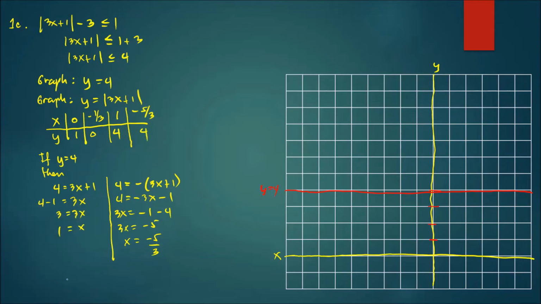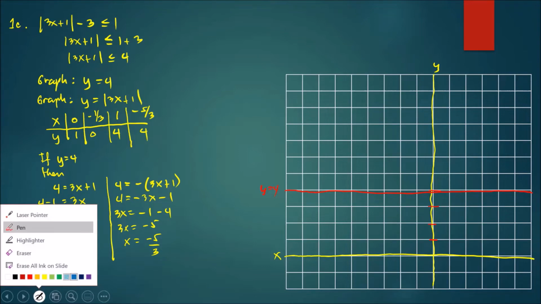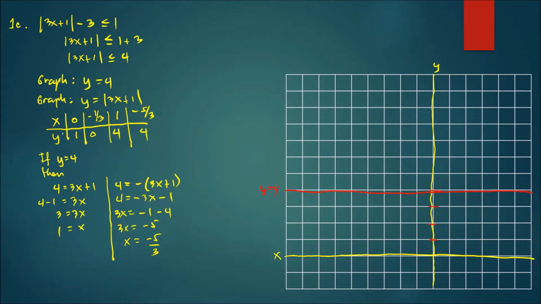So now we can graph. Okay, so we have the y-intercept (0, 1). Then we have the x-intercept (negative 1/3, 0). So that's probably over here. Then we have (1, 4). Then we have negative 5/3, which is negative 1 and 2/3, right?